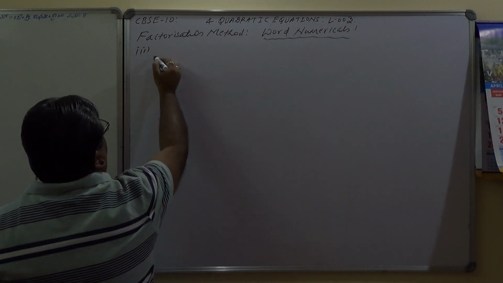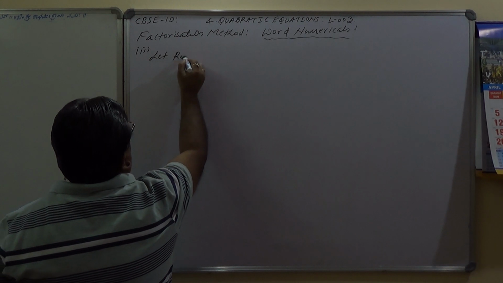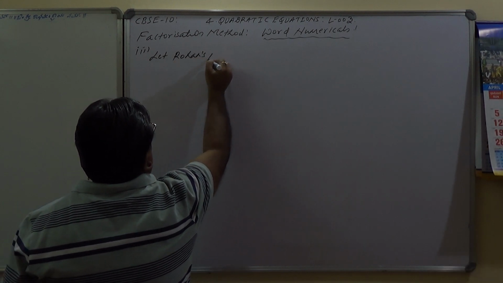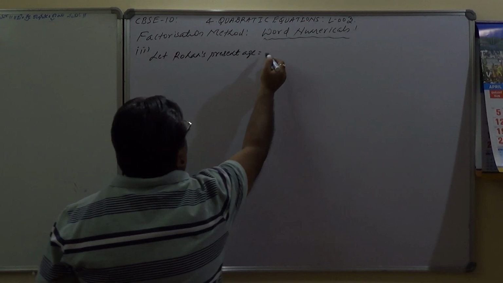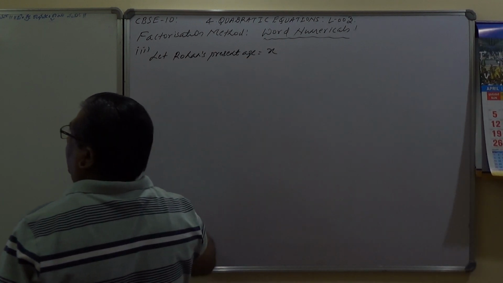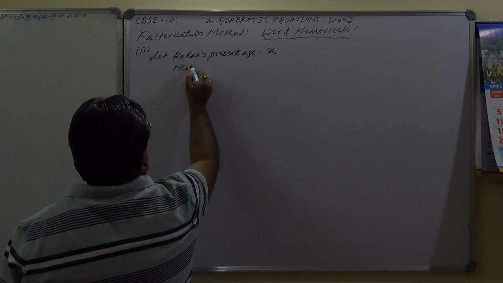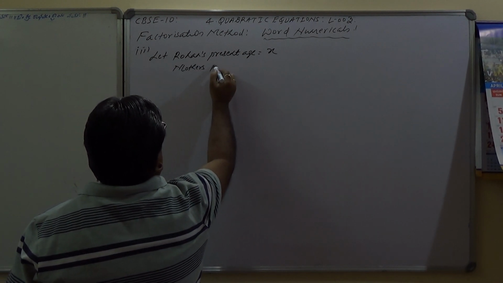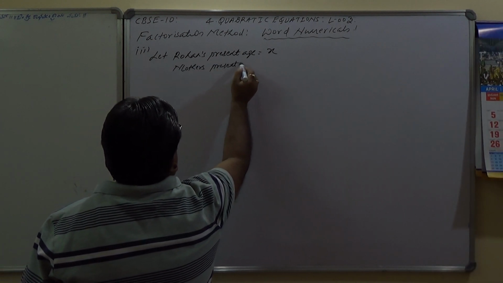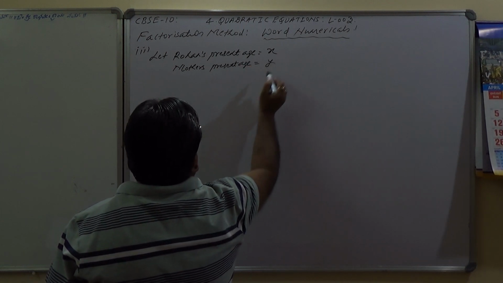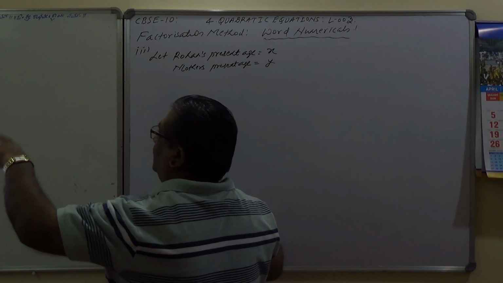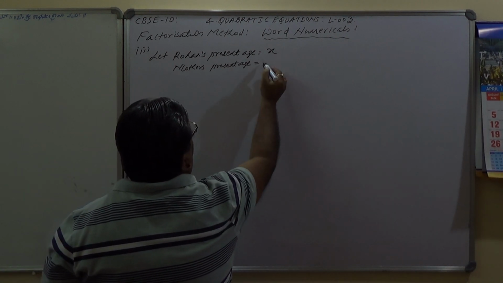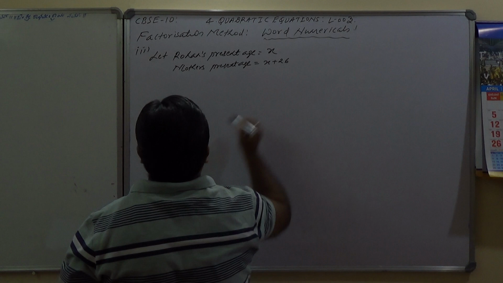Let Rohan's present age equal x years. Rohan's mother is 26 years older than him, meaning x plus 26.